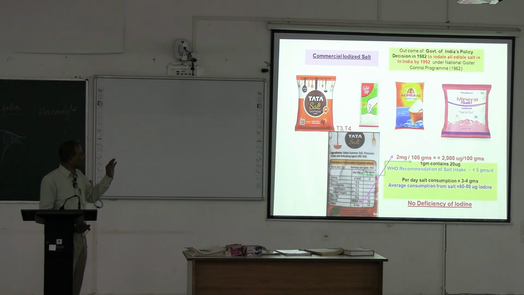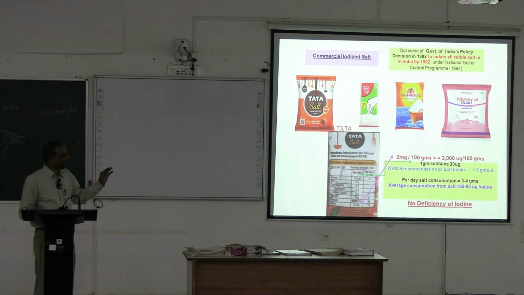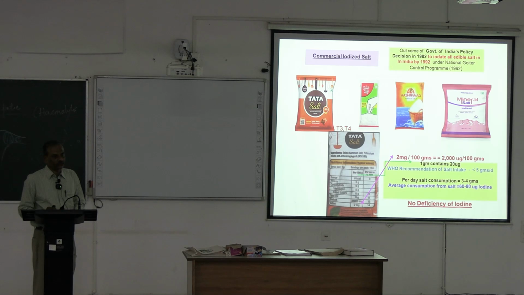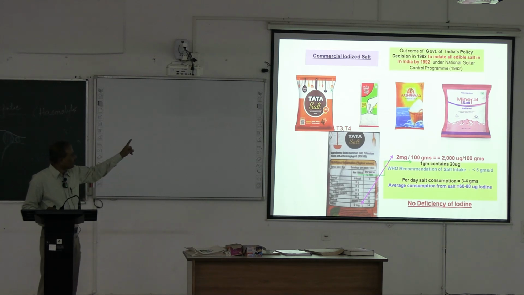See, Government of India, there was a goitre control program in 1962, and in 1982, Government of India took a landmark decision to iodize salt, and all the commercially available salt is iodized from 1992, and today you will not get non-iodized salt unless you specifically ask for it.